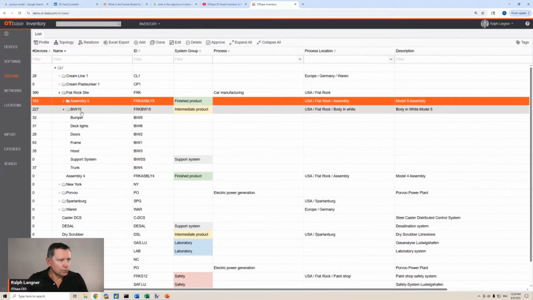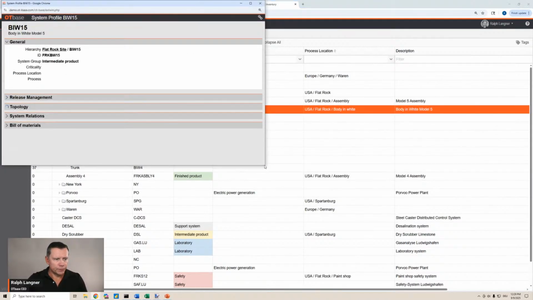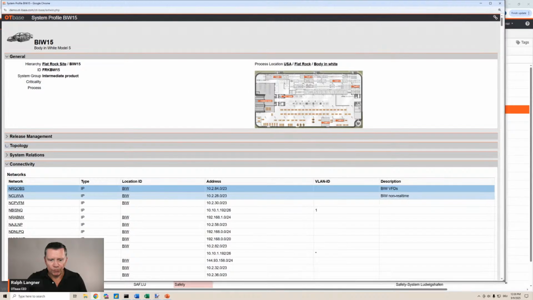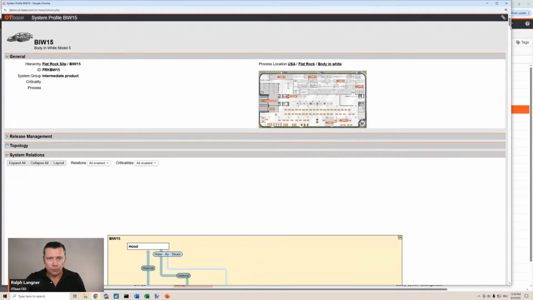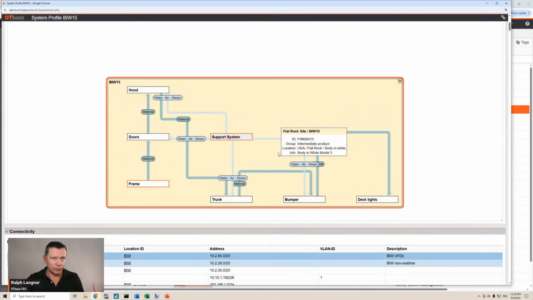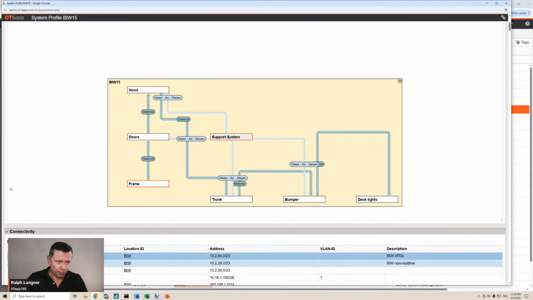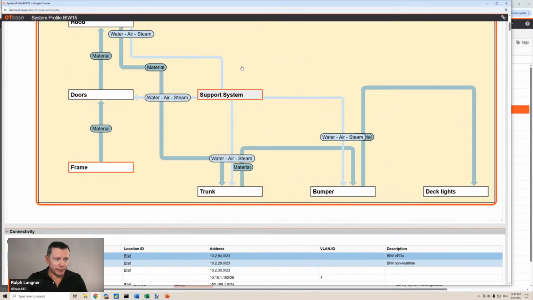And now here's the cool part. Once I've done that, I can ask OT-base to create the profile for this whole thing. And when I do that, it will also show me all the dependencies and, for example, the material flow. And this is what you need to arrive at a useful network segregation.